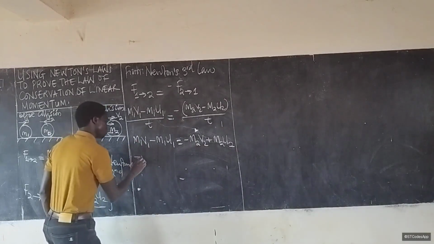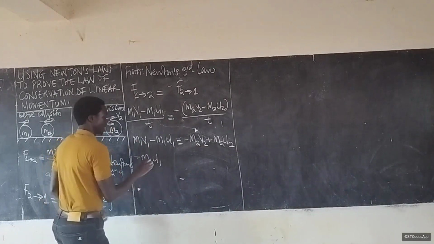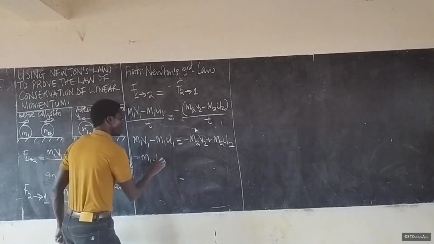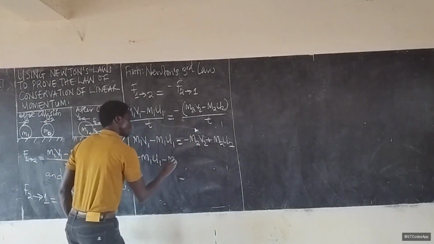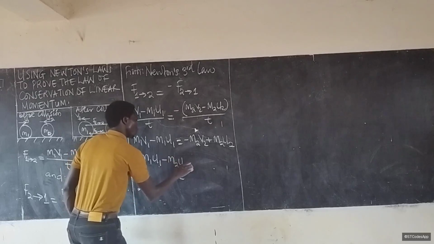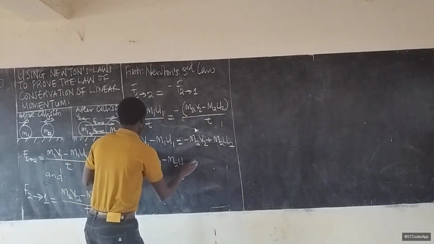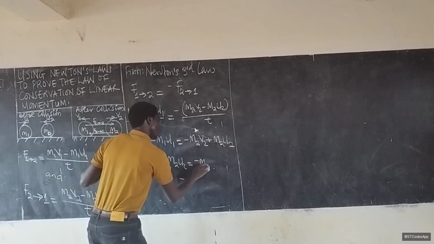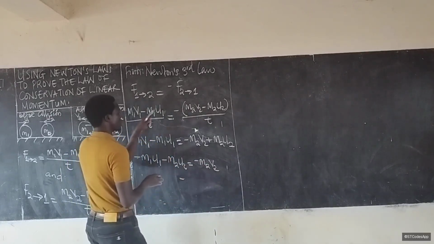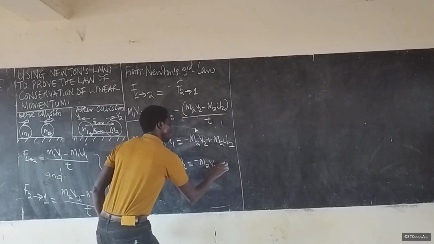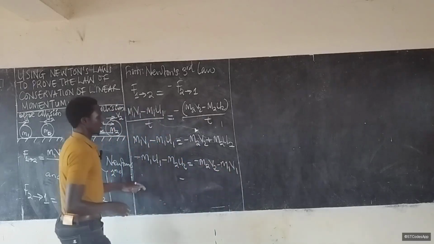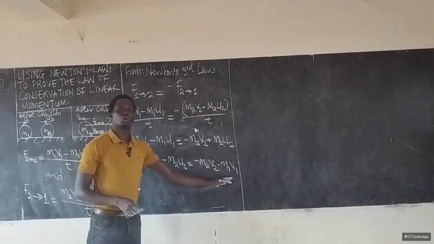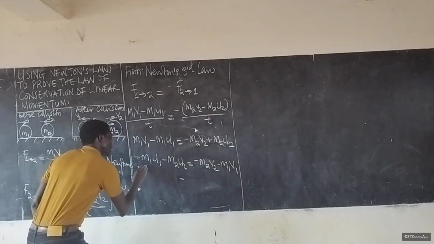So I will have negative m1 u1, before collision, minus m2 u2, is equal to negative m2 v2, and when I take m1 v1 to the other side, it becomes negative m1 v1.